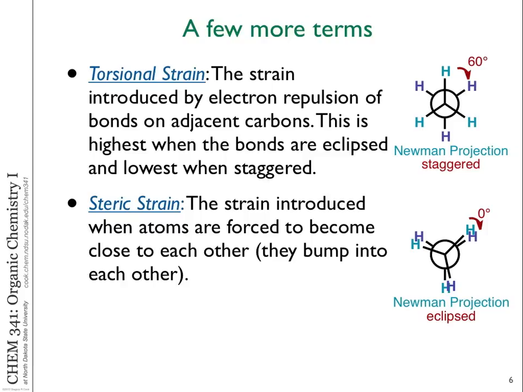But mostly in ethane, that difference in energy is related to the electron repulsion from the bond in front to the bond in back. And so as they come closer together, there's more electron repulsion, and the energy of the molecule goes up. That's referred to as torsional strain.